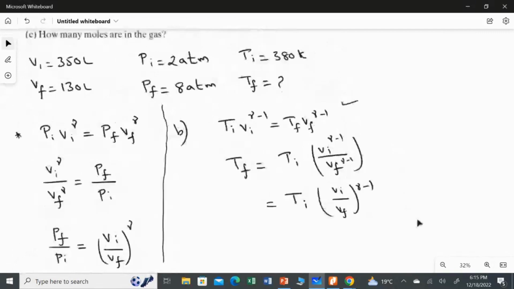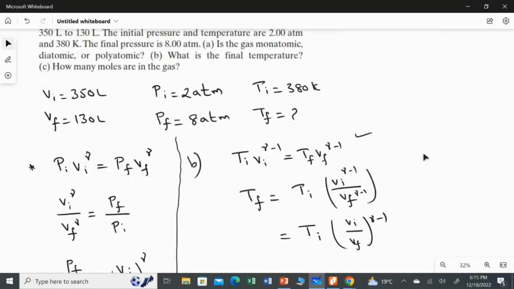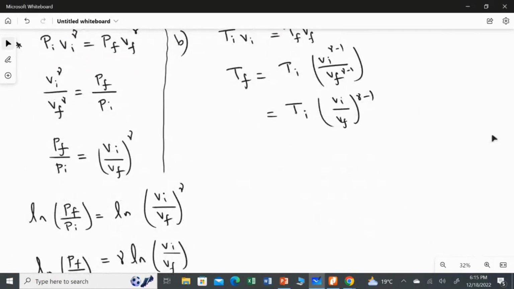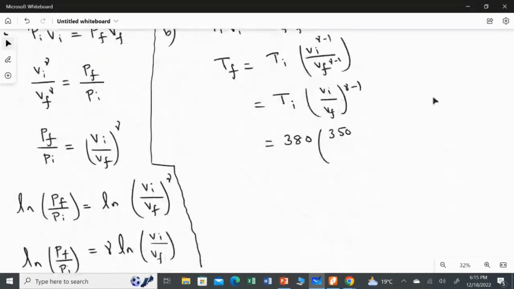Now I'm going to substitute the values. We already know the initial temperature as 380, so I substitute the values for finding T_F. T_F here is 380 Kelvin, V_I is 350 liters, and V final is 130 liters.